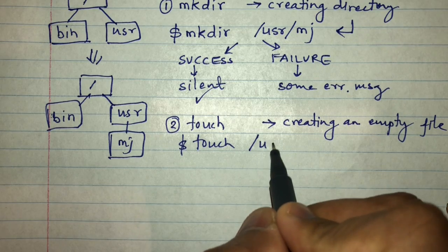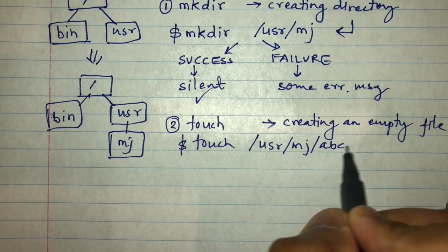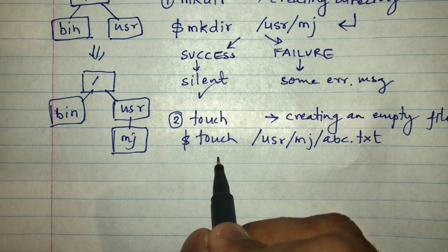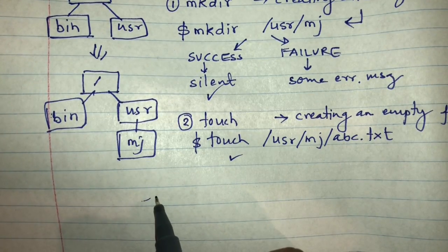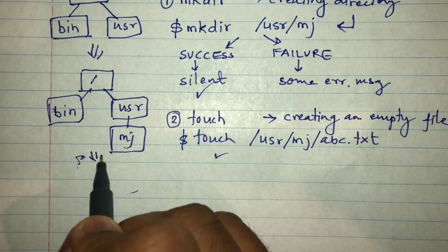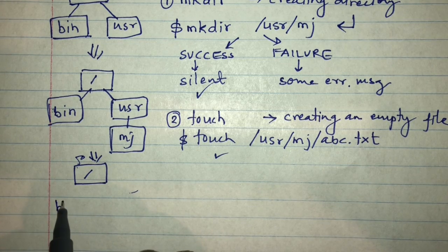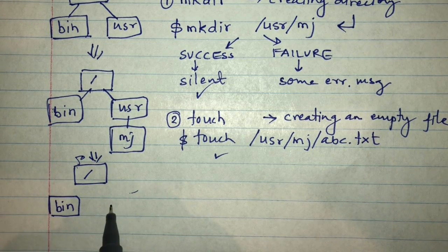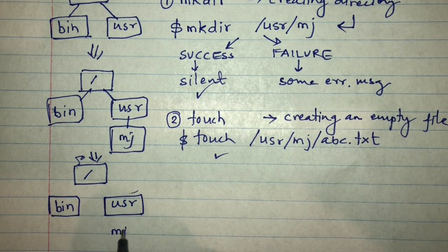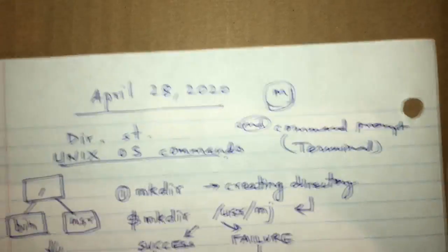So let's say if I did touch slash usr slash mj slash abc.txt. So if the command ran successfully, the directory structure that you see will transform to this one. You have root, you have bin directory here, you have usr directory here, you have mj directory here, and let me roll this up a little bit.